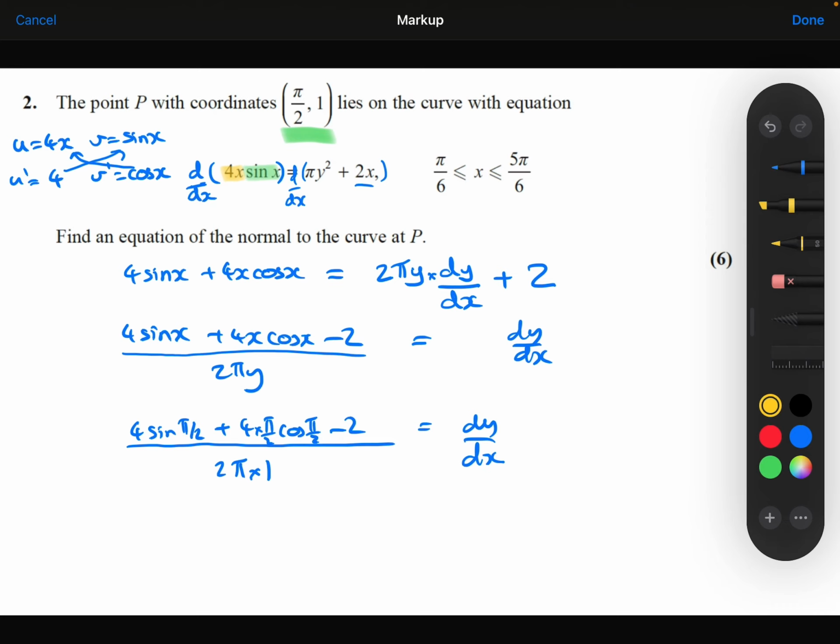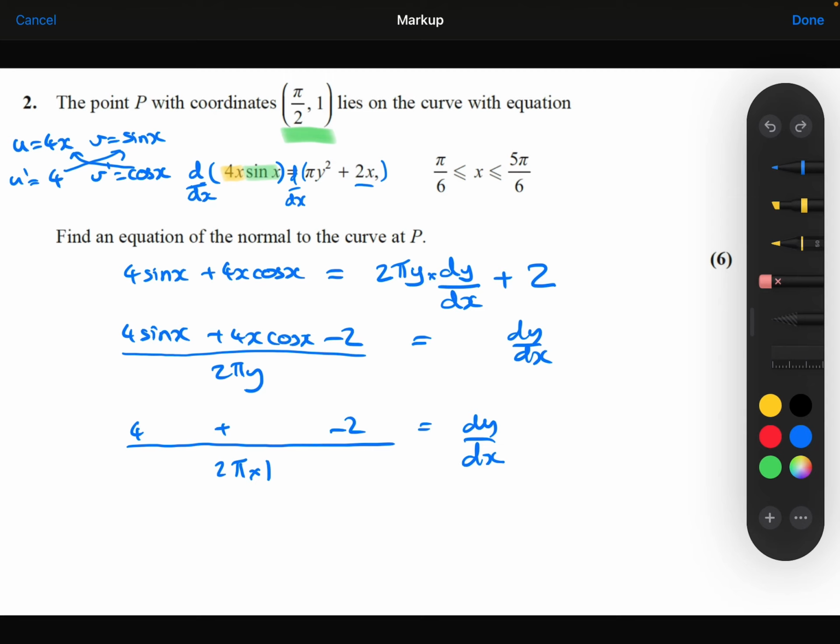The sine pi over 2 is just 1. So actually, when I times that by the 4, I'll just get 4. The cos pi over 2 is 0. So when I times that by the 4 times pi over 2, all of that's going to be 0.